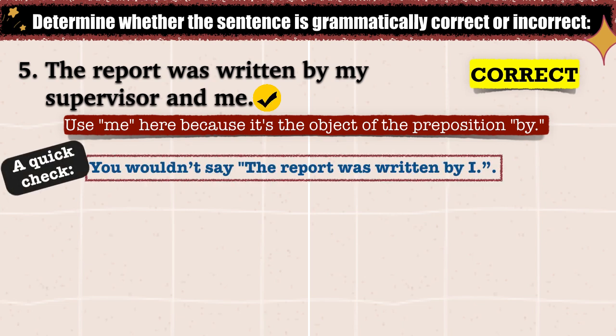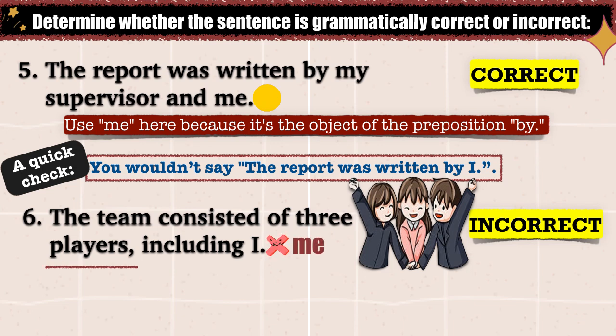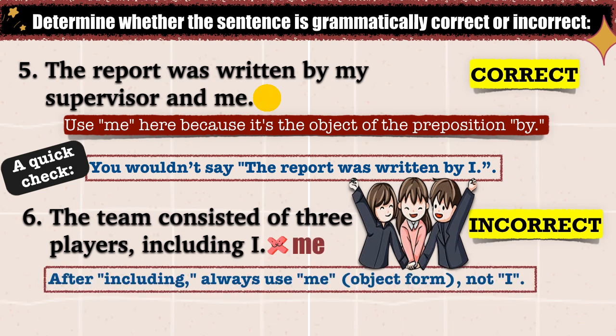You wouldn't say the report was written by I. Let's move on to the sixth one. The team consisted of 3 players, including I. Incorrect. Corrected sentence. The team consisted of 3 players, including me. After including, always use me, the object form, not I.